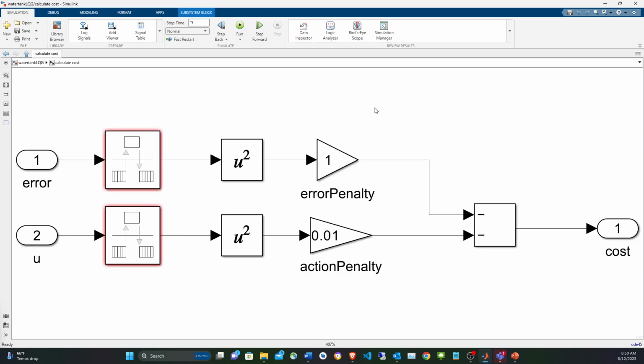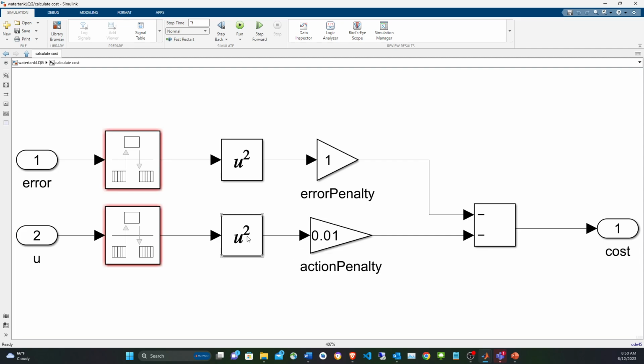Okay, so the reward, as you saw in the formula, is the error. We have a rate transition block to go from one rate to the other. That's Simulink specific stuff to go between two different sample times. And basically you have a penalty for the difference between desired height and actual height, which is in the error, as I mentioned before.